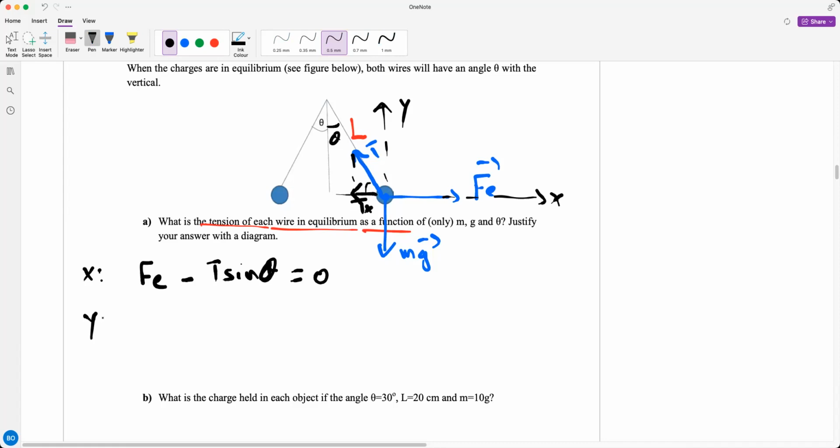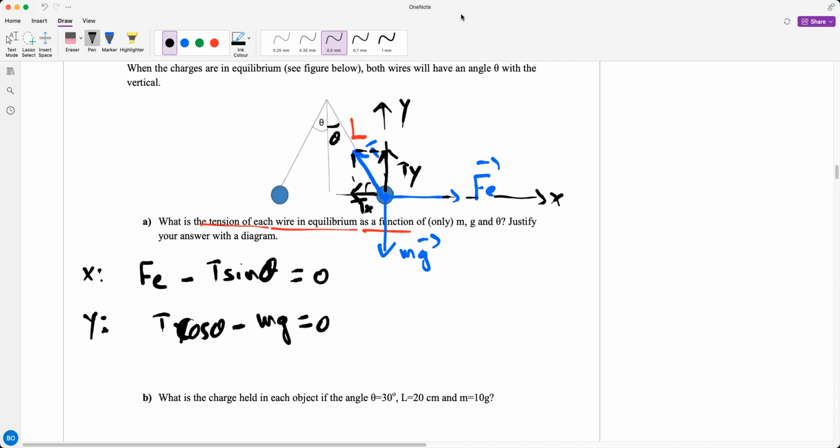Along the y-axis, the projection is Ty, which is T cosine theta, minus mg is equal to 0.